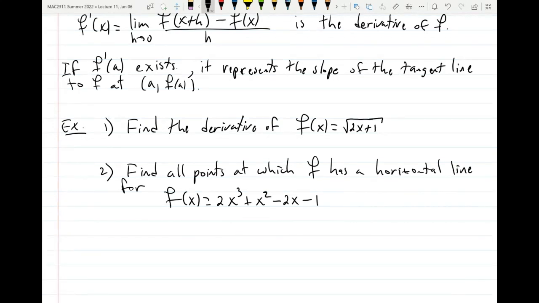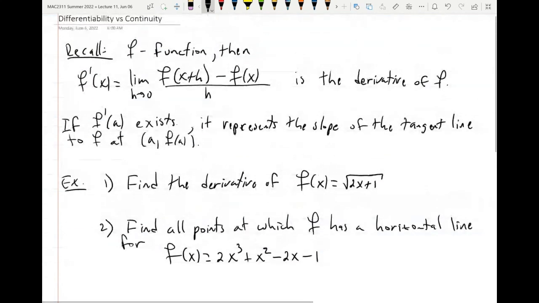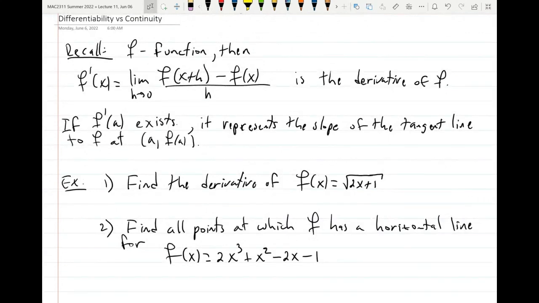All right, so go ahead and try these problems. Try number 1, and then if you finish it, do number 2.